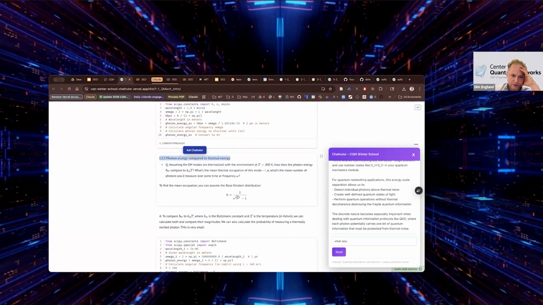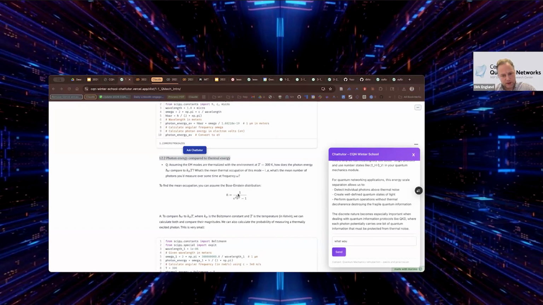The thing is that the photon energy at a telecom wavelength, for instance, is about 40 times above the thermal energy at 300 Kelvin.